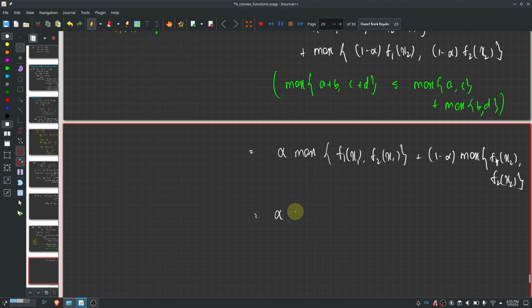Which is just alpha times f of x1 plus 1 minus alpha times f of x2.